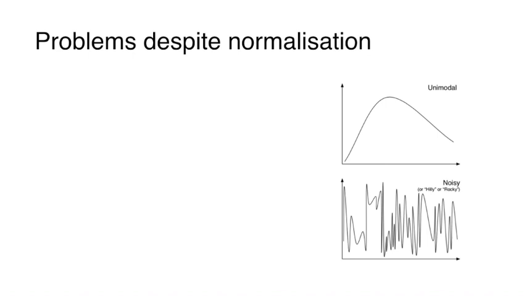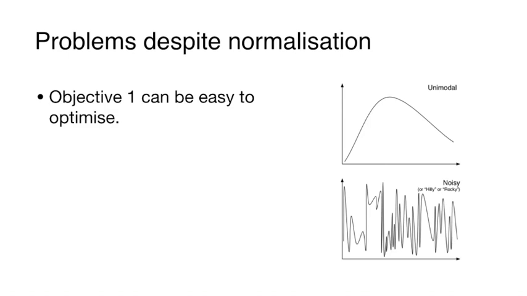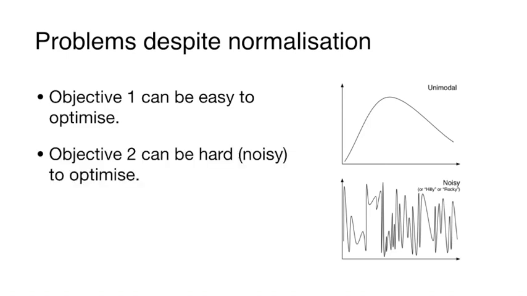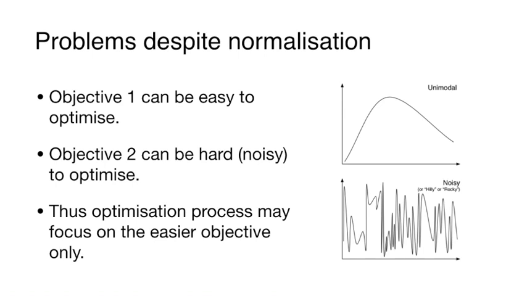However, finding the best value for the second objective function at the bottom may be difficult because this objective function is noisy. So finding good values may be hard for the optimization method. So in this case, there's a risk that the optimization method, such as genetic algorithms, may only optimize the top objective.